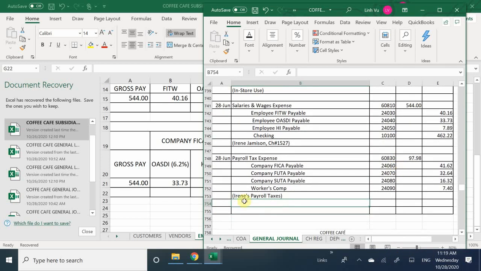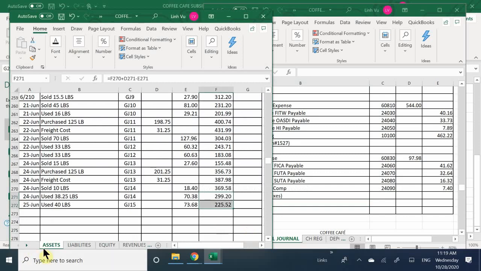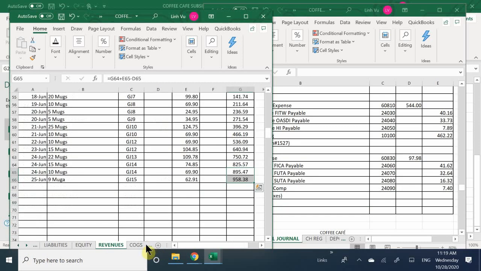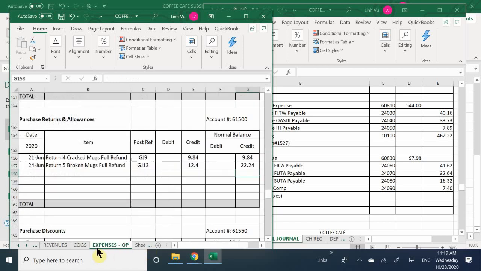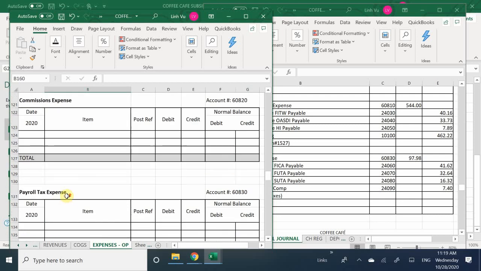Okay, so where are we going to go first? Salaries and wages expense, which is an expense. Salaries and wages expense. That's up here.